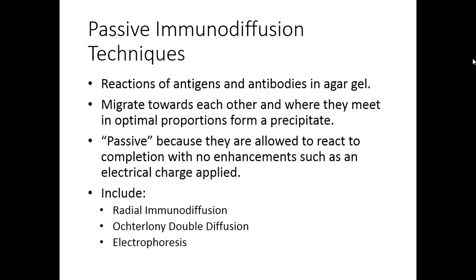No electrical charges, for example. Some of the tests that we use to do this are radial immunodiffusion, Ochterlony double diffusion, and some electrophoresis, where we actually start to apply some charges, but it's classified as a passive immunodiffusion.